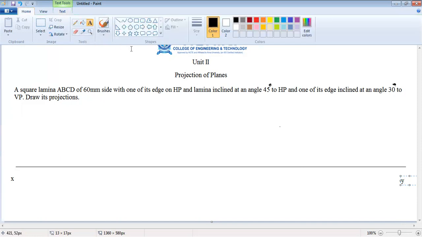When it is parallel to HP, we can see the square shape, the surface of the square, in the top view. In the front view we can see a straight line.